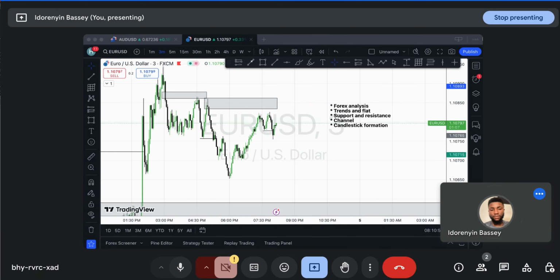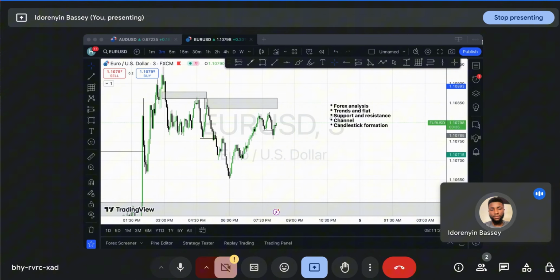Central banks' decisions on interest rates can have a significant impact on currency values. The third one is political stability. Political events, elections and geopolitical tension can influence market sentiment and currency value.